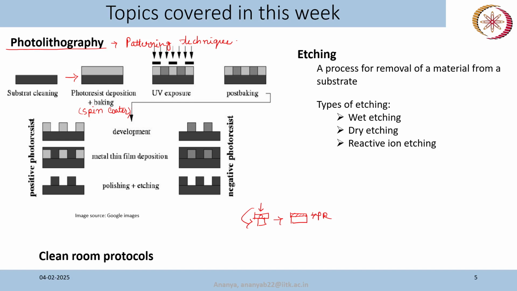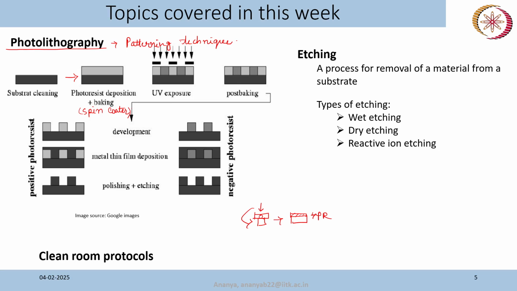If you don't use a spin coater, there are certain photoresists, I have not seen them, but they are available as something like a laminated sheet. If you are making a big device, it can be a laminated sheet, since you will not be able to spin coat.